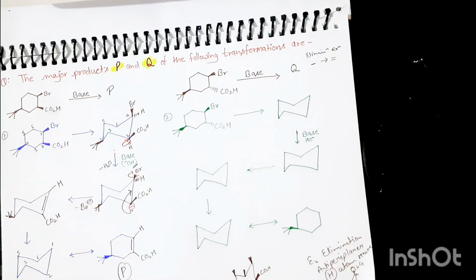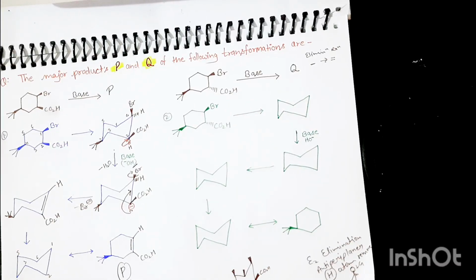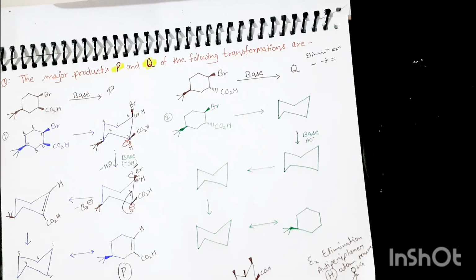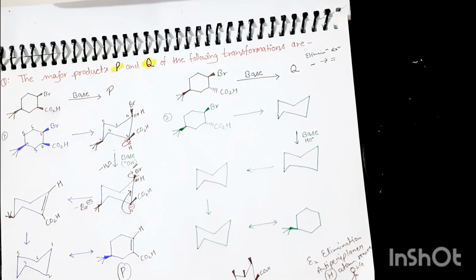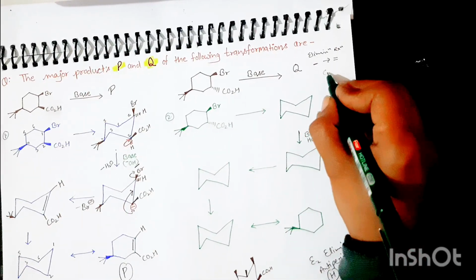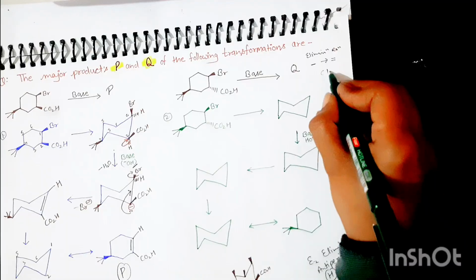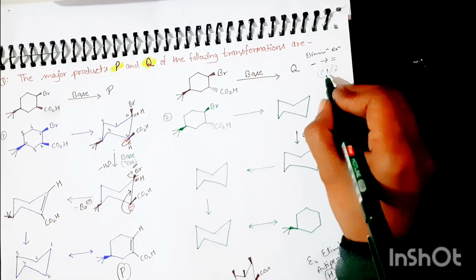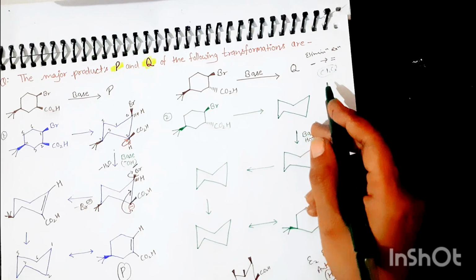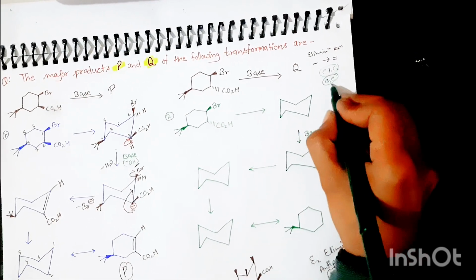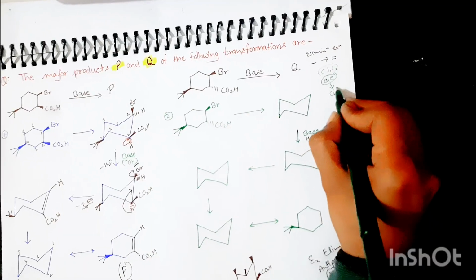In the second reaction, they give bromine and CO2H at trans positions. We all know that when the C1 and C2 substituents are at axial and equatorial sides, we call it cis.